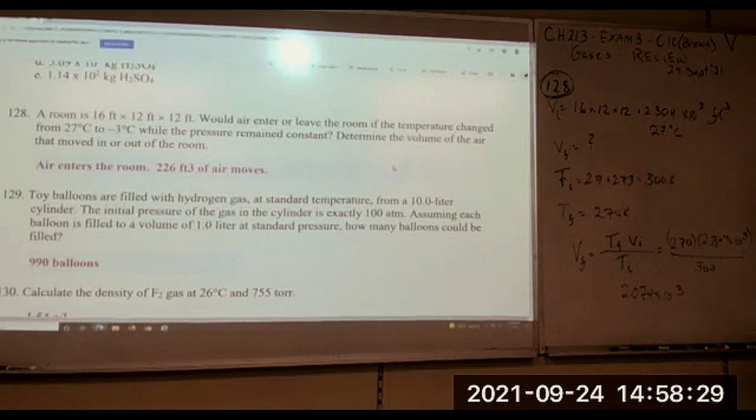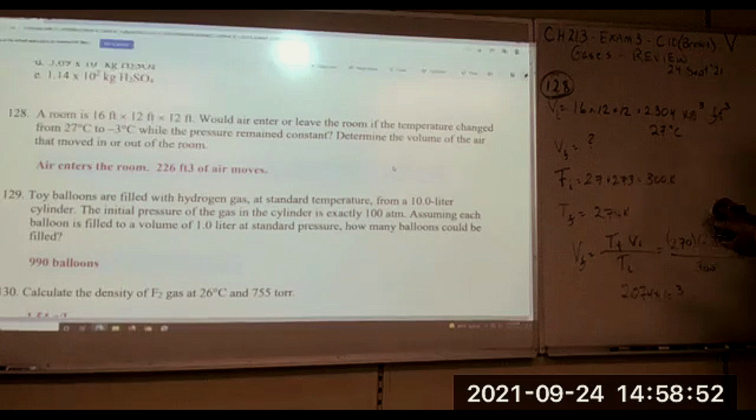So what's the difference? Well, it decreased this much volume, so the air that moves in is going to be the difference between the initial and the final. So that's 2.304 times 10 to the third subtracted. So I get 230 cubic feet, roughly.